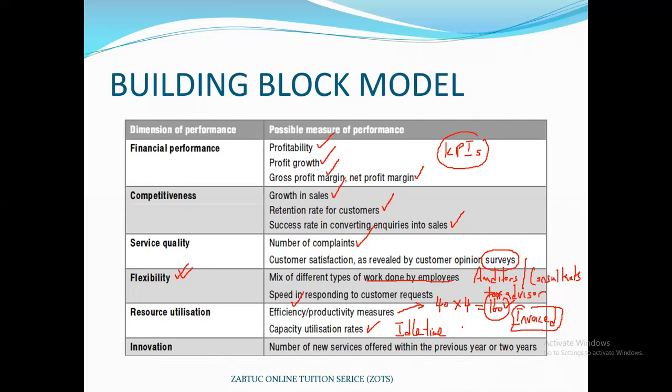So sometimes we find that it's very low. And if it's consistently low, what happens? Maybe time for you to leave the firm. Innovation, number of new services offered within the previous 1 year or 2 years, or whatever it is.